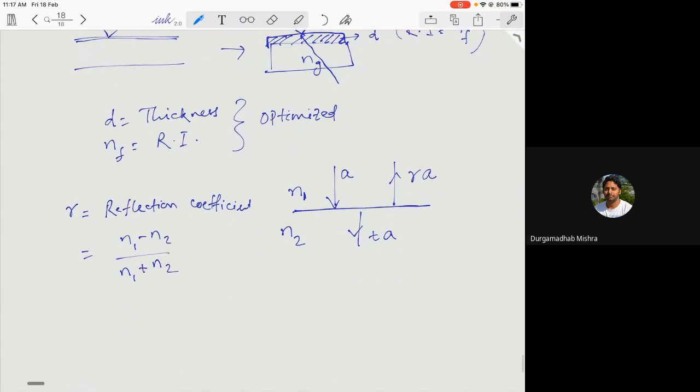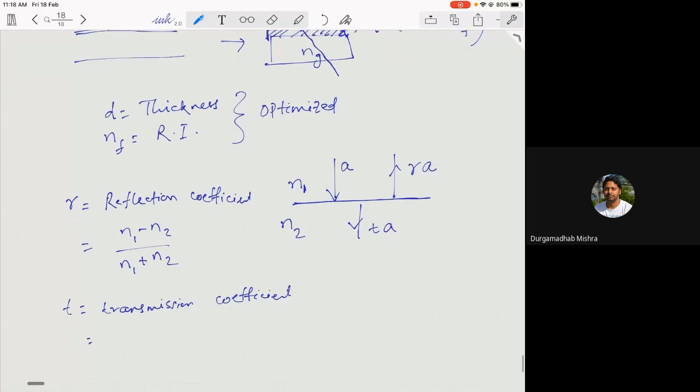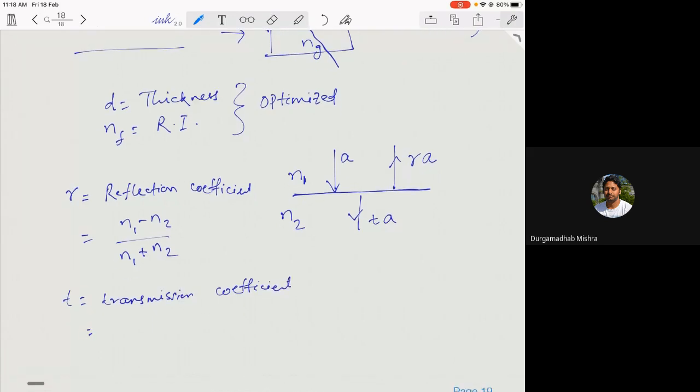This is the reflection coefficient related to your refractive index. One can derive this from Maxwell's equations, and we will show that in a very general manner, so then you can apply it for specific cases. Your transmission coefficient T is 2N1 by (N1 plus N2).